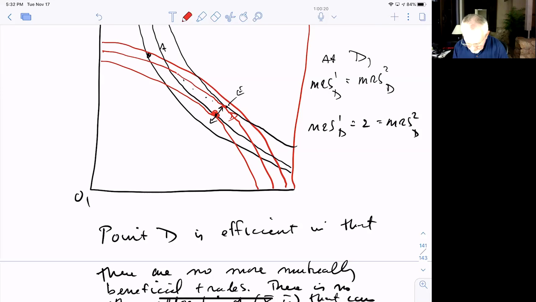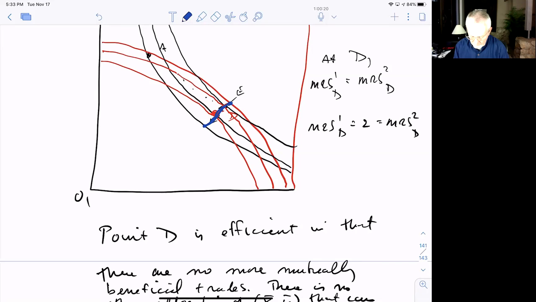Now, there could have been point E, there could have been all kinds of points in here that would have been between these initial, let me make this a blue line, all kinds of points that would represent a point of tangency between indifference curves. And all of those points from this point on the initial indifference curve for 2, and this point on the initial indifference curve for 1, both of them going through point A, and there are all these points that occur at tangencies between indifference curves.